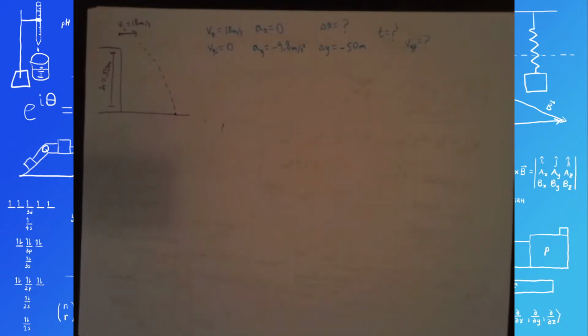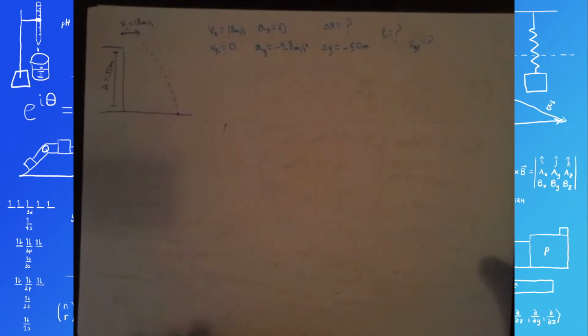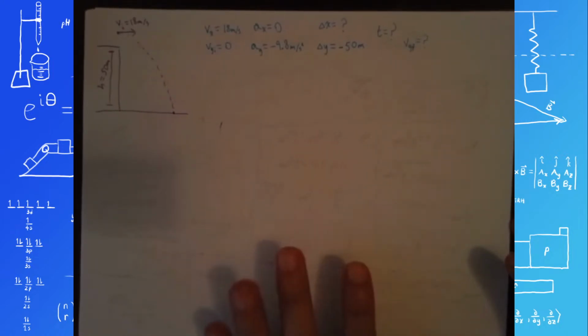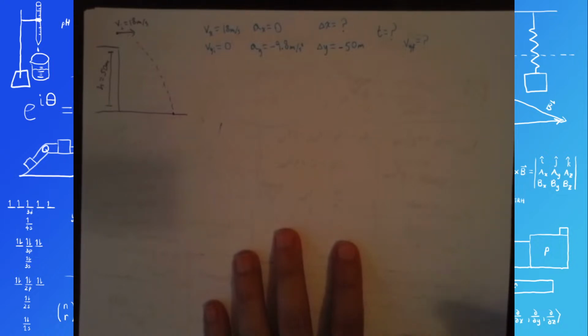Horizontally, there's nothing limiting us. So this is a vertically restricted problem, as I like to call it, which means our total time is going to be calculated from the vertical dimension. So I'm going to use my vertical equations. Also, I don't really have a choice but to use my vertical equations because for horizontal, I'm missing both delta x and t. I only have one known value out of 3. I can't really do anything with that.